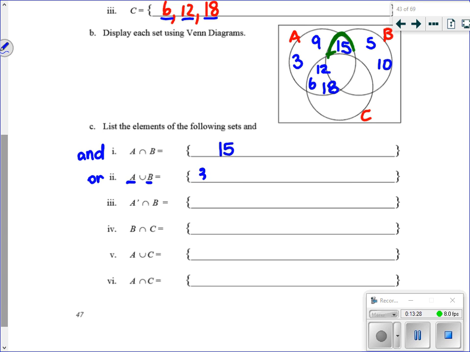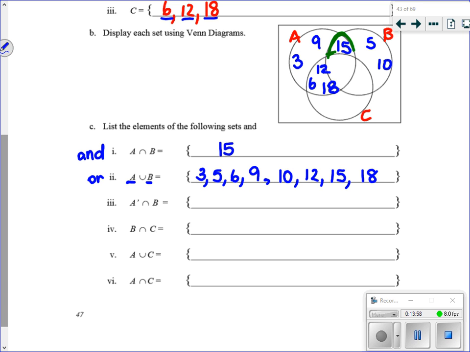So it'd be the 3, 5, 6, 9. I want you to be looking for it up here yourself, not just copying what I'm copying. 3, 5, 6, 9, what else? 10, 12, yeah, 15, 18.